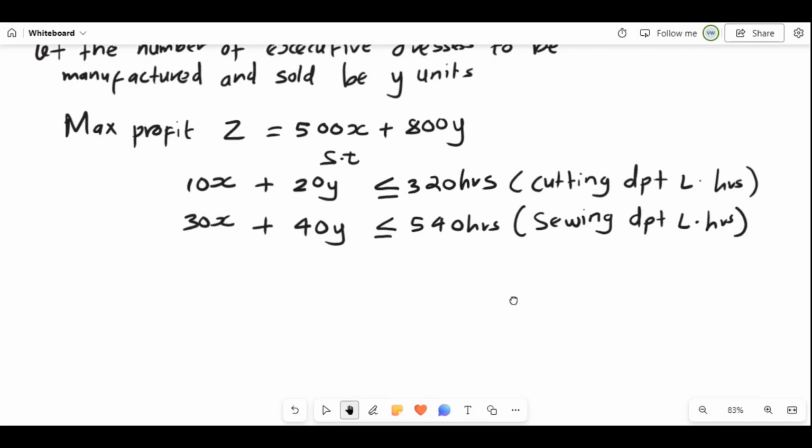So once you've written all the constraints, then we can also introduce what is known as the non-negativity and show that our x, y values should be greater than or equal to 0 to represent the non-negativity.